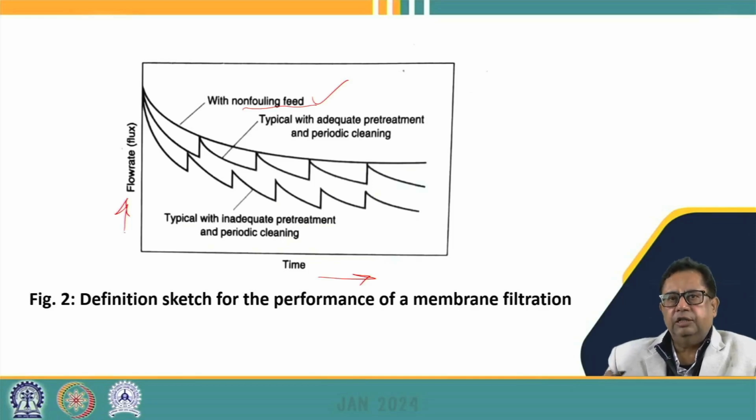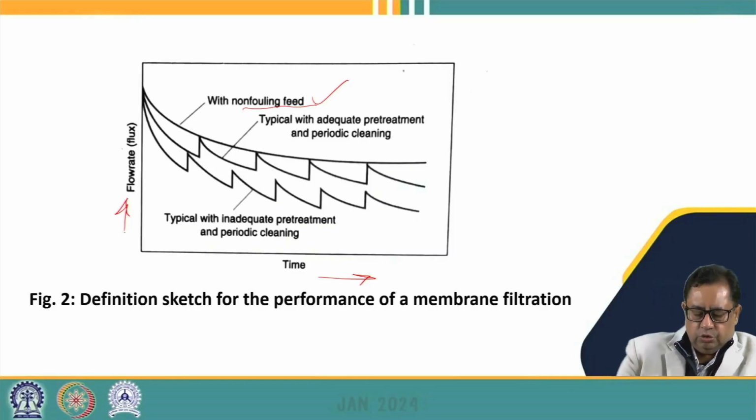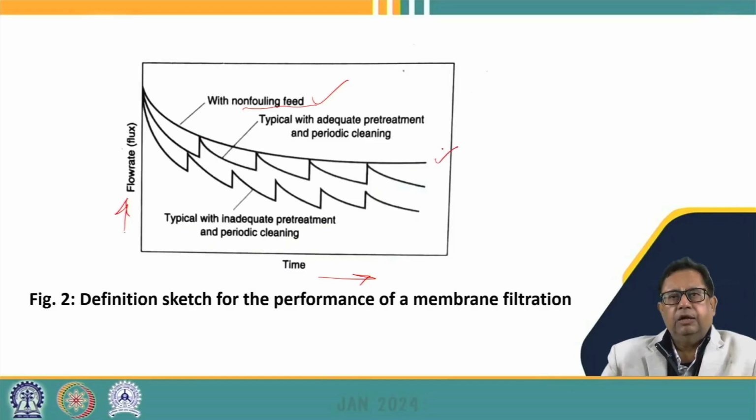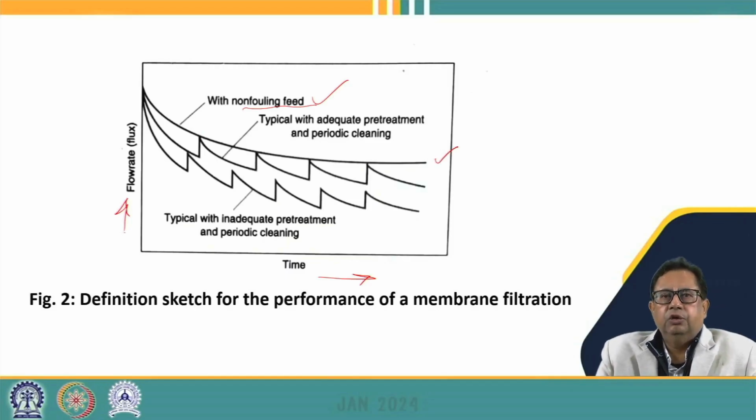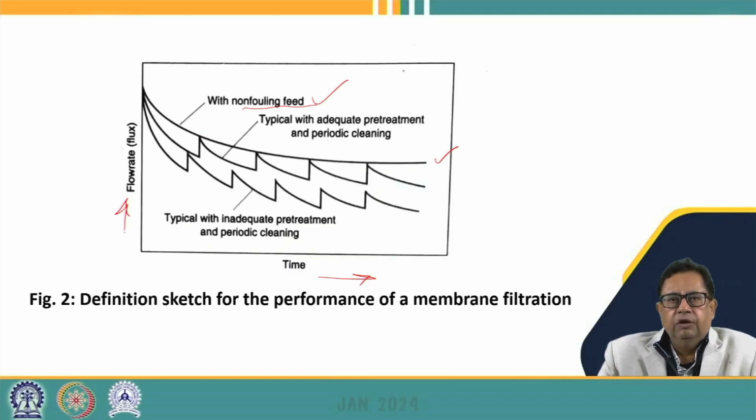There may be certain salts or dissolved solids, certain colloidal particles, or certain bacteria present in the water, and they also start reducing the flux of the membrane. This happens with a very non-fouling type of influent subjected to the membrane process.